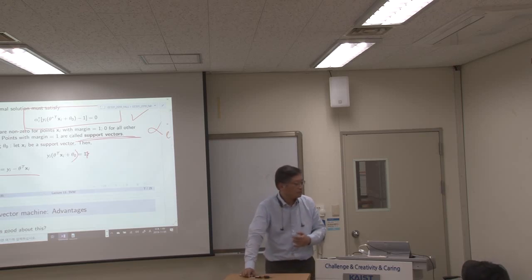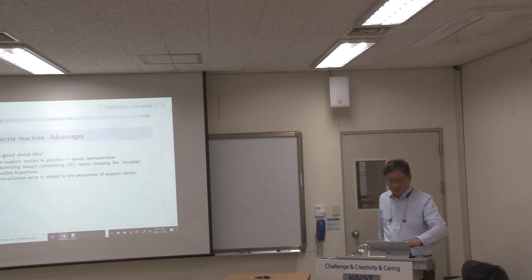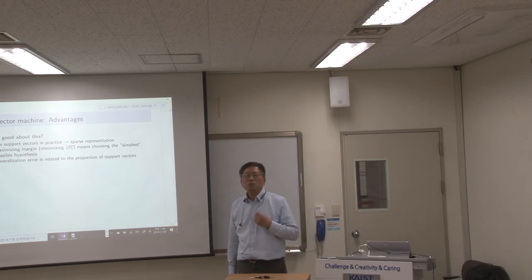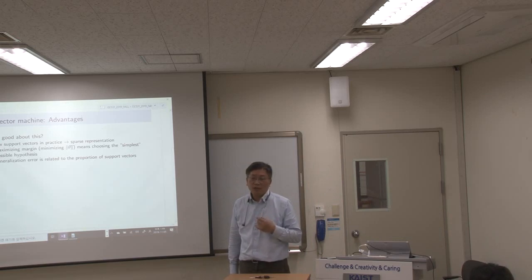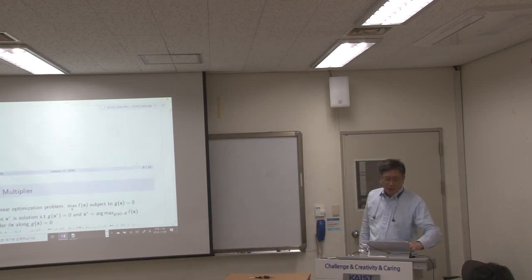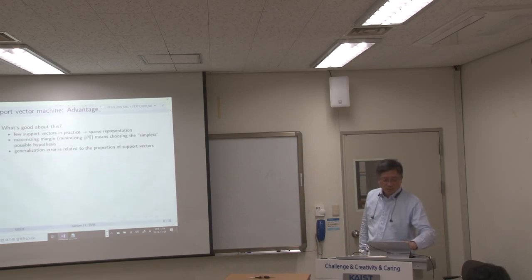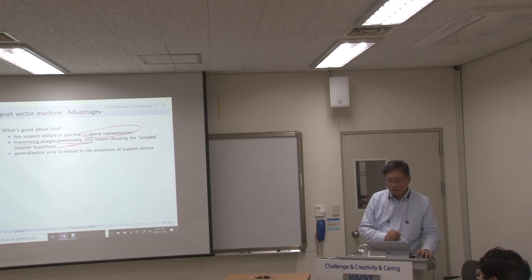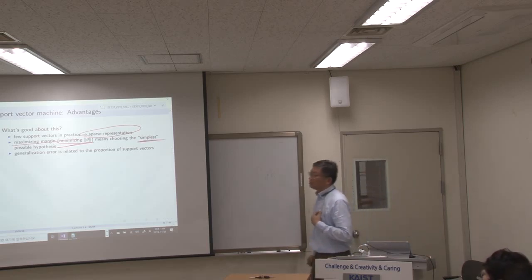So before deep learning came, this was the best performing classifier. It worked really, really well in the real world. Now, it's a sparse representation, maximizing the margin, that led to minimizing the magnitude, and it somehow led to a simple hypothesis.